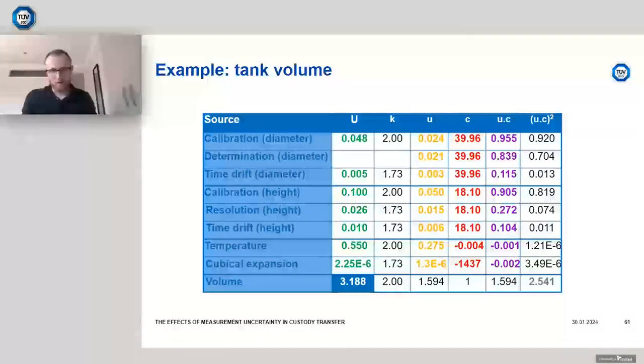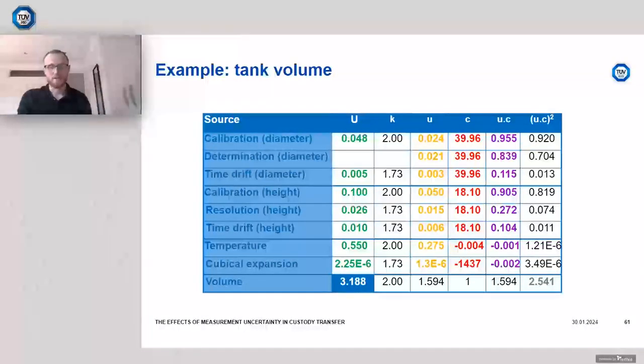So again, I won't go through this example, but we do it the same way again. We've identified all of our expanded uncertainties. We divide by the appropriate k factor, so whether that be divide by 2, whatever value, some are root 3, so we've assumed a rectangular distribution in some cases. There's the standard uncertainty.